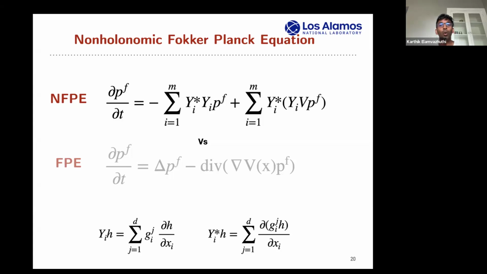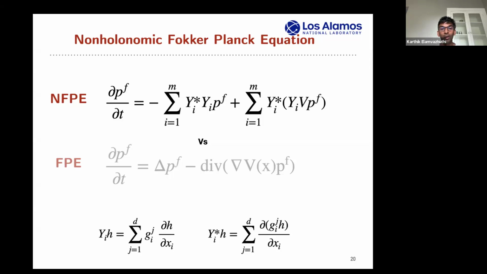So now, of course, we've done the noising. We also need to know how to do the denoising. So once again, we need to understand how the probability densities evolve under the action of the noising procedure. So this requires us to consider a slightly more general kind of PDE known as the non-holonomic Fokker-Planck equation.